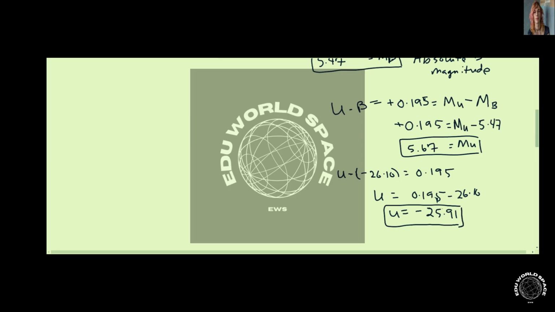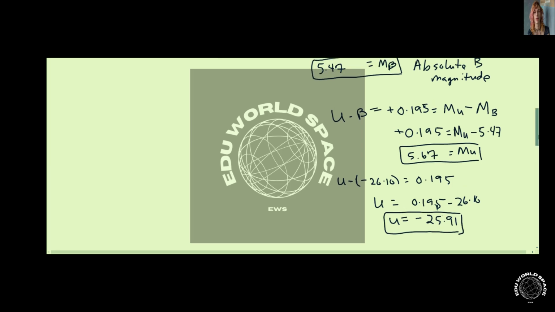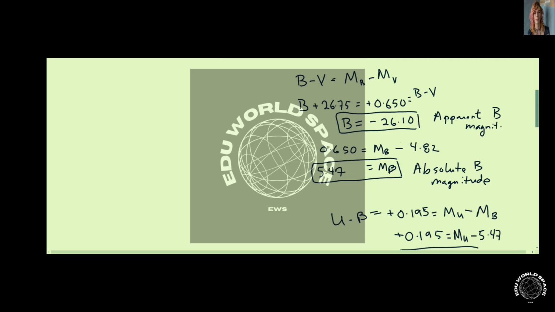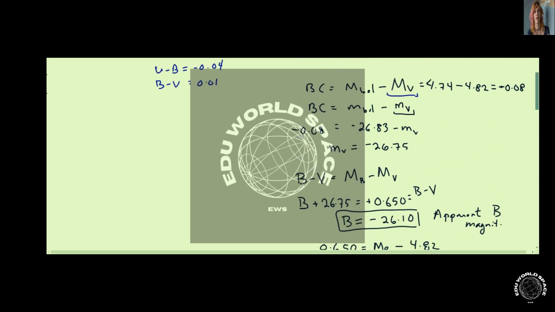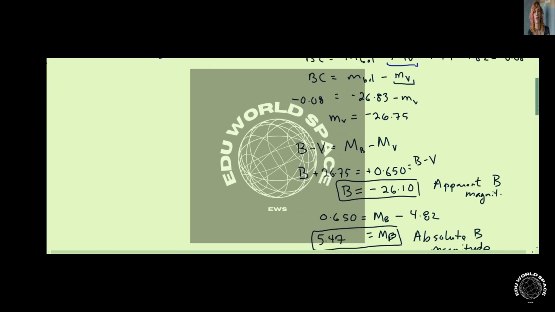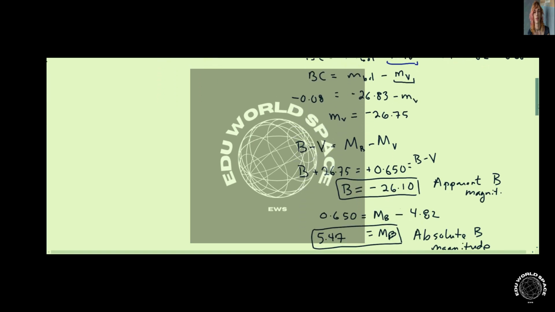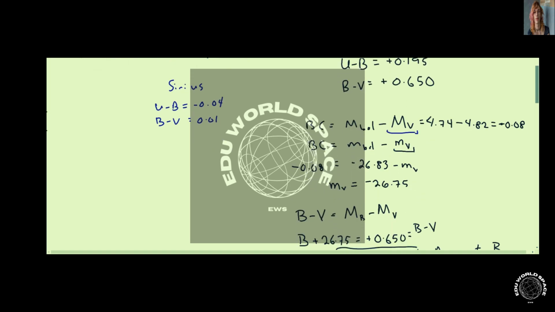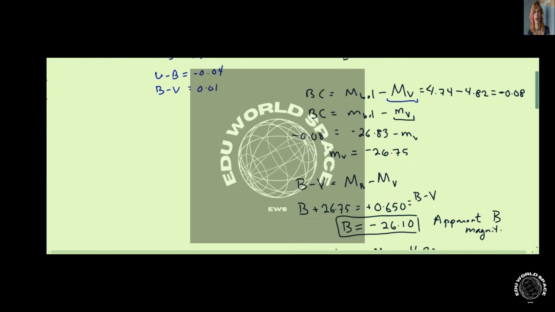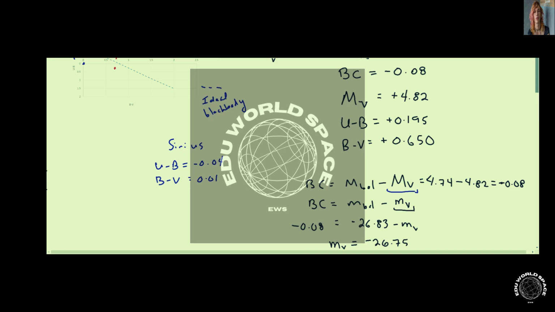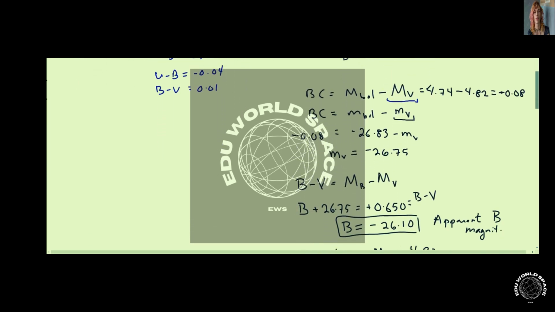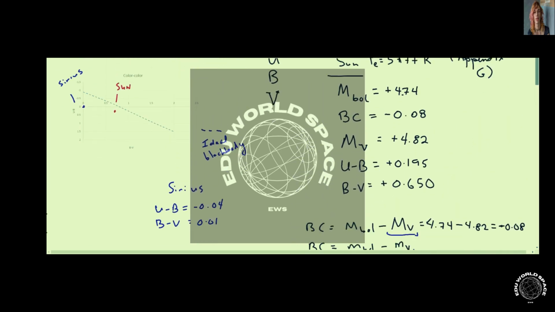Yeah, and kind of going back through, what we can see is that, and it doesn't matter whether you're thinking of apparent or absolute, the pattern is that the visual magnitude of the sun is basically, let's see where V is.